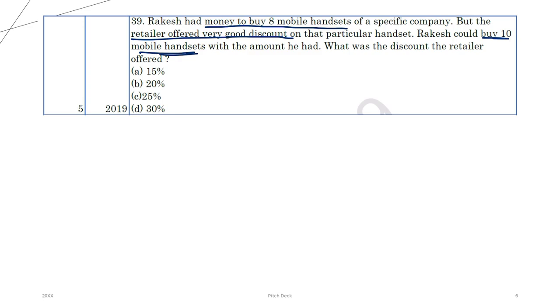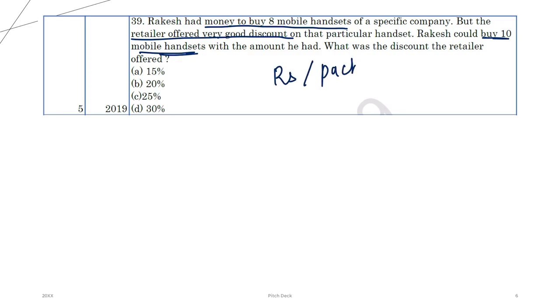Now a packet of chips costs only 5 rupees. So for the same 100 rupees, instead of 10 packets, you will get 100 divided by 5, that is 20 packets. So we are in a good position now, right? So we need to calculate the price per packet, the price per item, right?